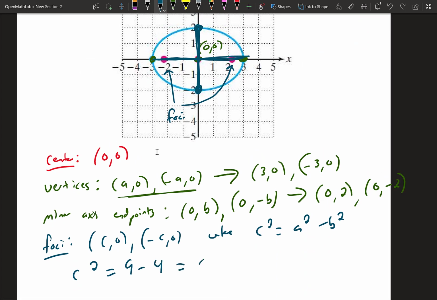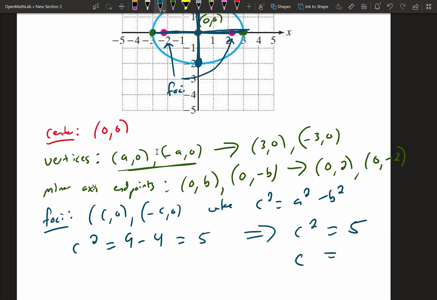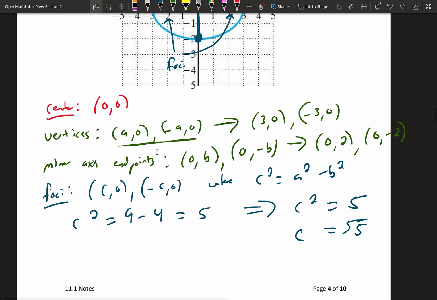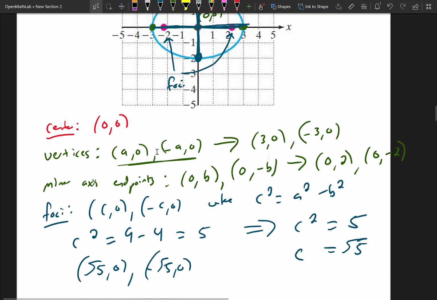So 9 minus 4 is 5, so c squared equals 5. So c would be equal to radical 5. And again, a, b, and c we're assuming are positive, so we just write the positive root. So that would be the coordinates square root of 5, comma 0, and negative radical 5, comma 0. So that's what these 2 points are. They're not at 2, they're actually at radical 5, 0, and negative radical 5, 0.